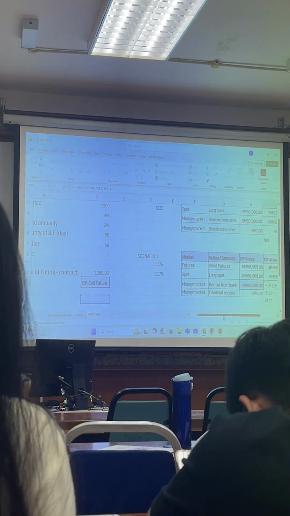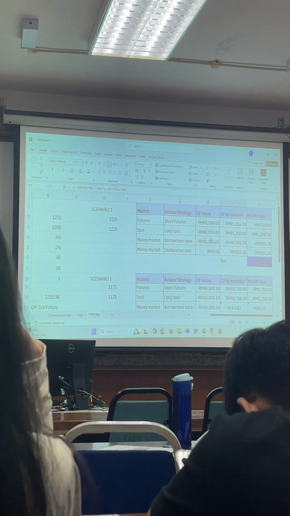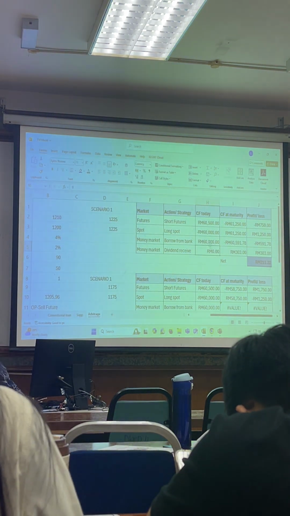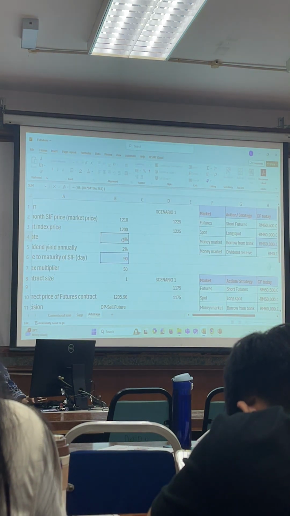Jadi saya tak freeze, jadi freeze lah. Because my formula here, this one, I need to make freeze here.